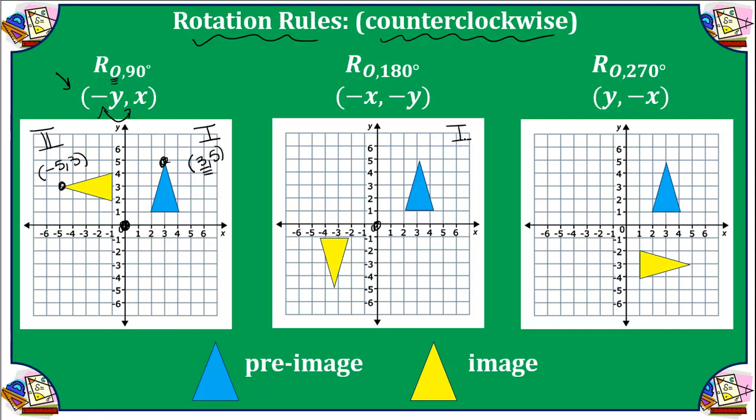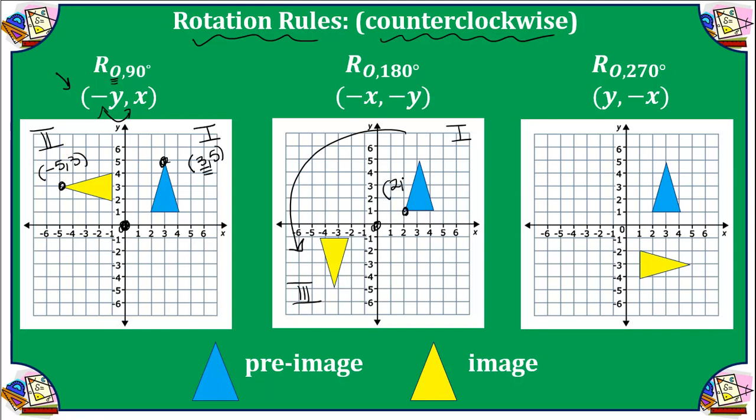Now let's take a look at rotating about the origin counterclockwise 180 degrees. Again, we are in quadrant 1. We are going to end in quadrant 3. We are rotating 180, so that is 2 90-degree rotations. So that means we are moving 2 full quadrants to the left, again, counterclockwise. So this time, let's take a look at this point.